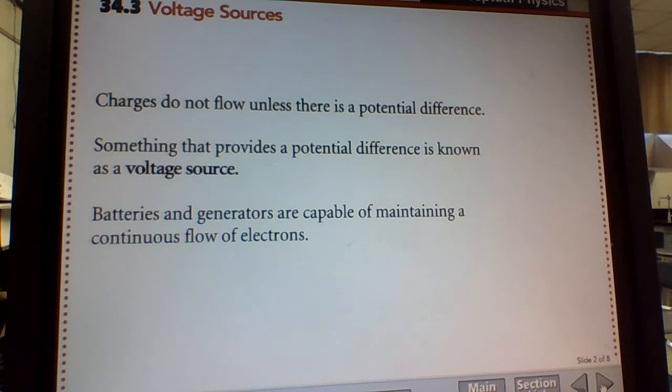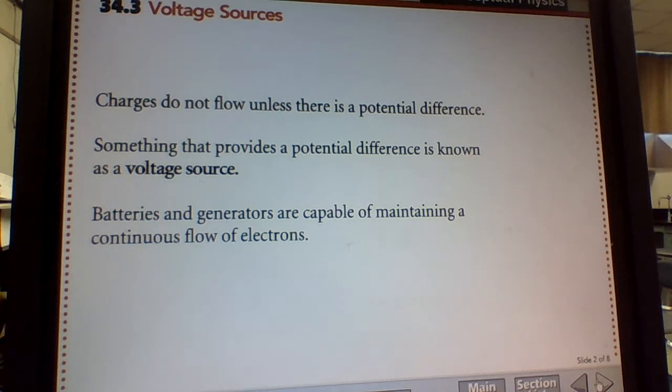Charges don't flow unless there's a potential difference. Again, where do we get this potential difference? We have to have a voltage source. Batteries and generators are the most common of these devices used to provide a constant flow of electrons.